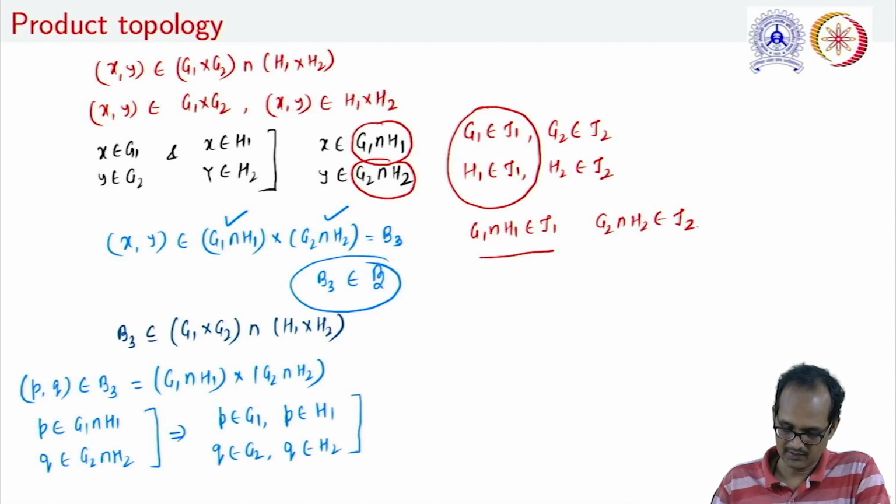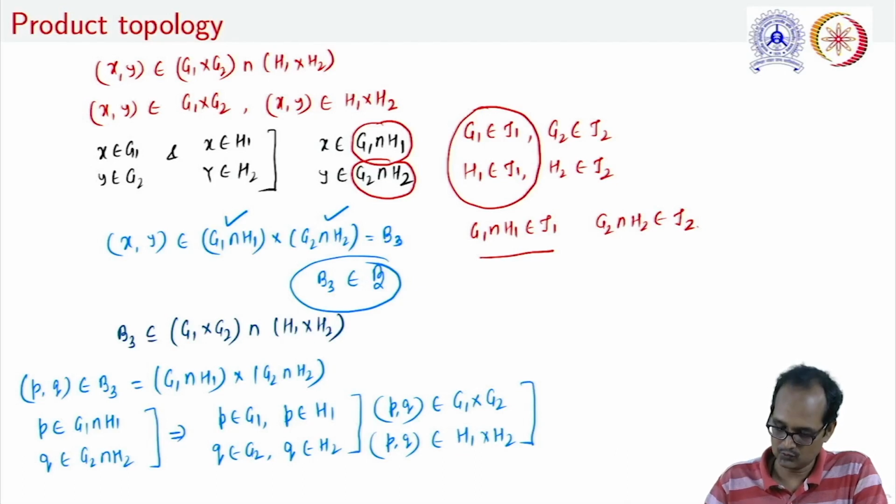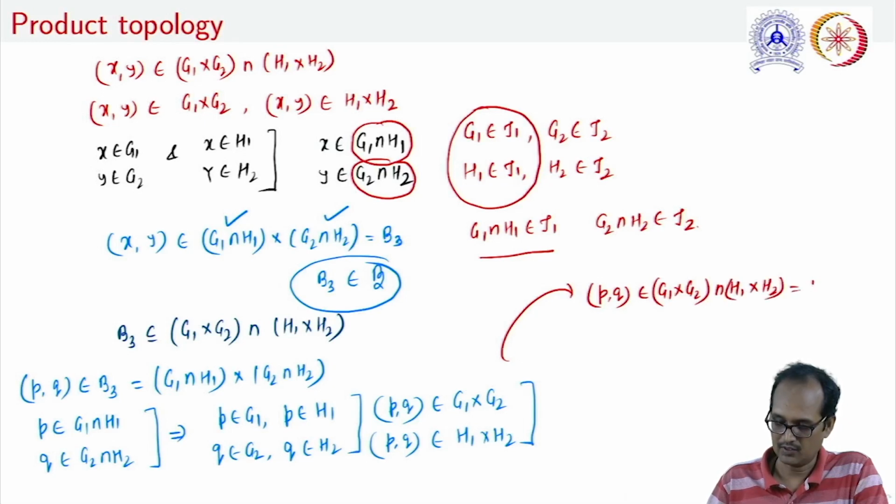Or we can write that PQ is a member of G1 cross G2 and PQ is also a member of H1 cross H2. And if we club these two, we can conclude that PQ is a member of (G1 cross G2) intersection (H1 cross H2), and that is nothing but B1 intersection B2.